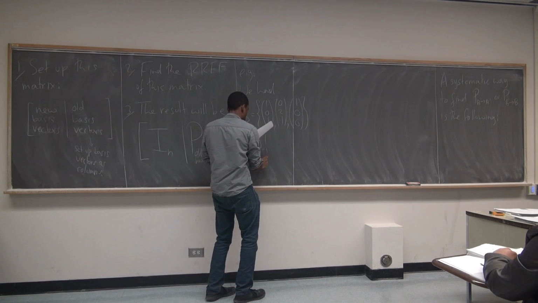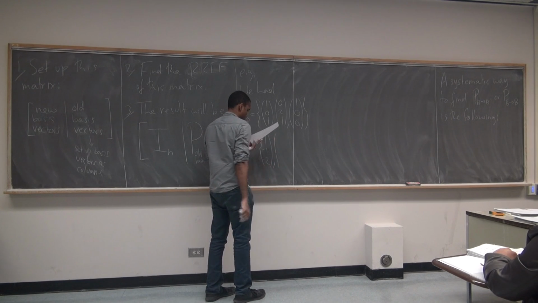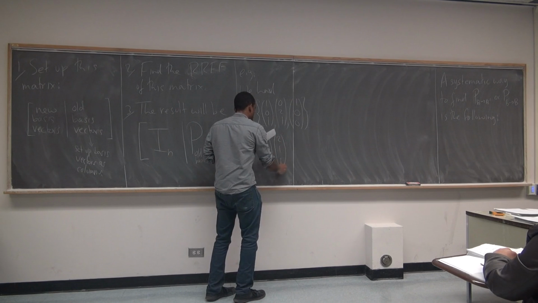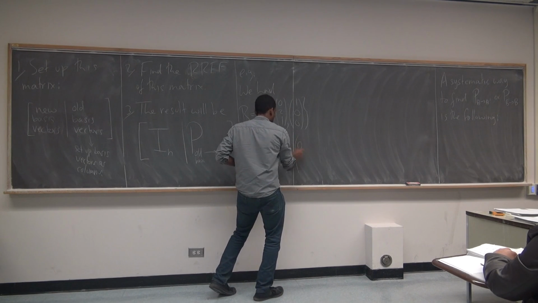The other basis was (1, -1, -2), (2, 1, 1), (0, 0, 1).